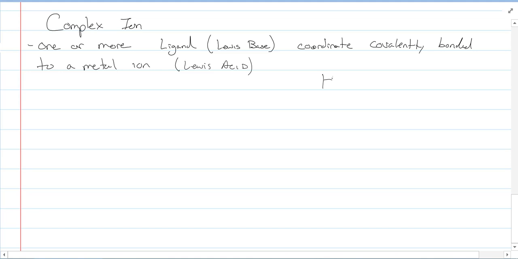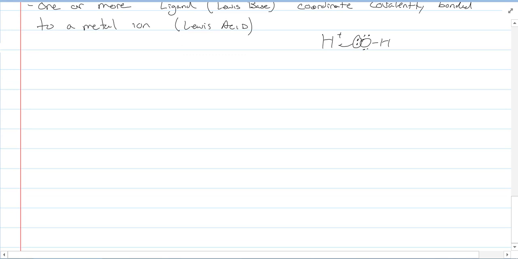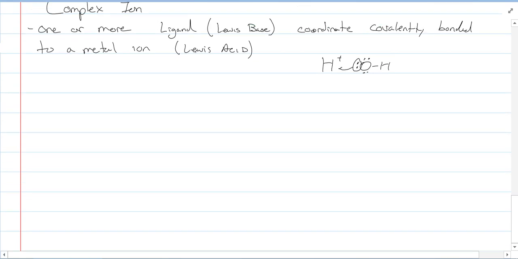So example of H+ and OH-. That's a coordinate covalent bond when that lone pair attaches. So you can think of these ligands, they're bonding to a metal, but it's not necessarily permanent.